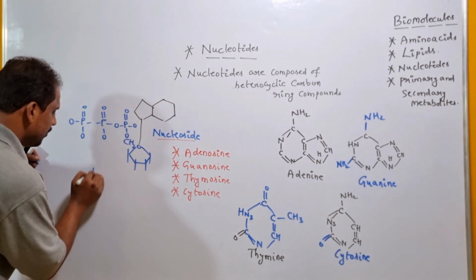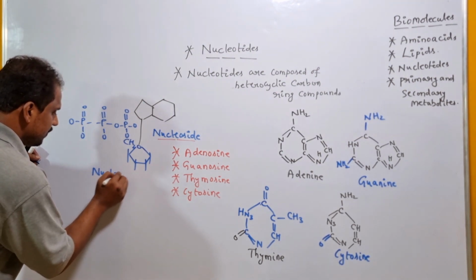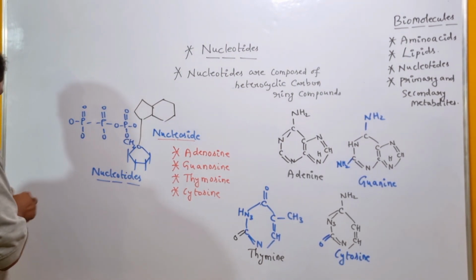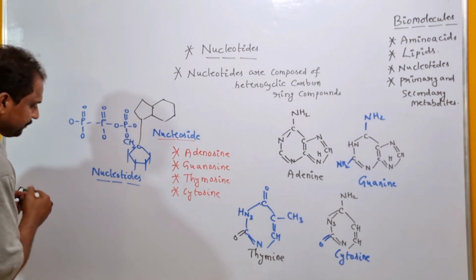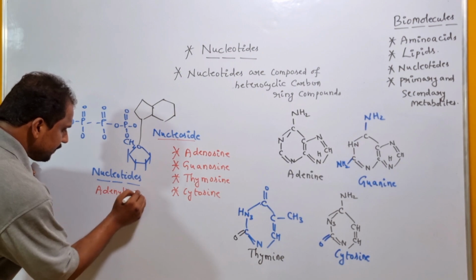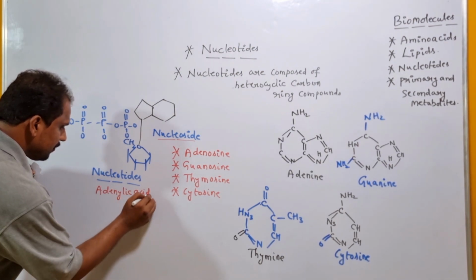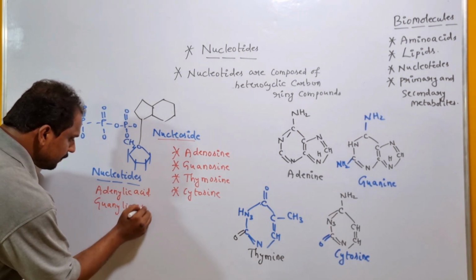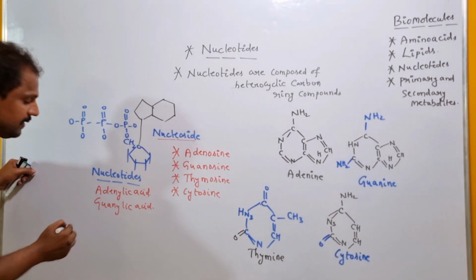So here it is nothing but what? Nucleotide. What are the various nucleotides here? The various nucleotides include adenylic acid, guanylic acid. Is it clear?